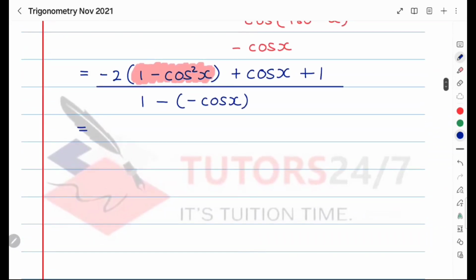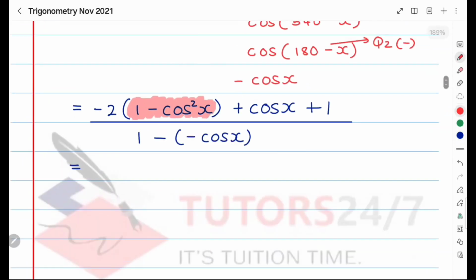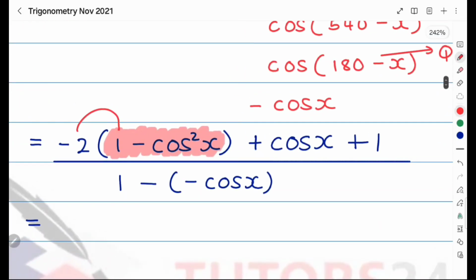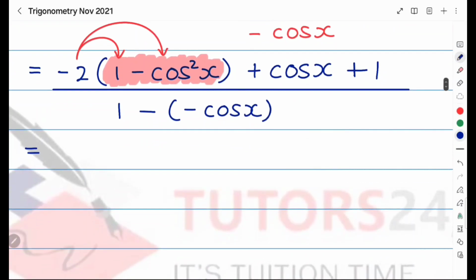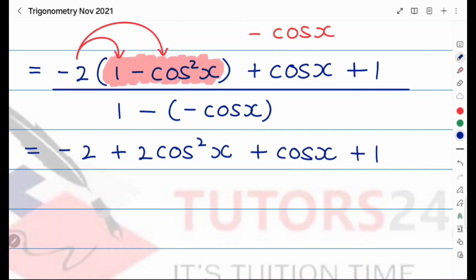Now, let us simplify this a bit more. So we are going to distribute the negative 2 into the bracket. So that is then going to become minus 2 plus 2 cos squared x plus cos x plus 1, and that is all over, we're then going to distribute this negative into the bracket.